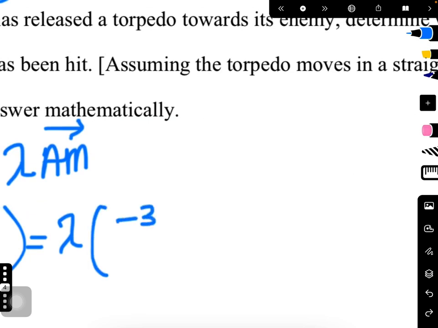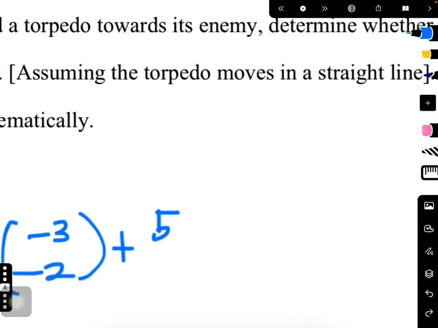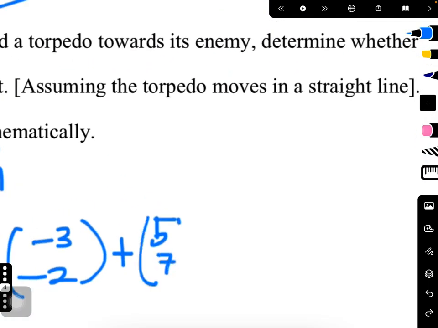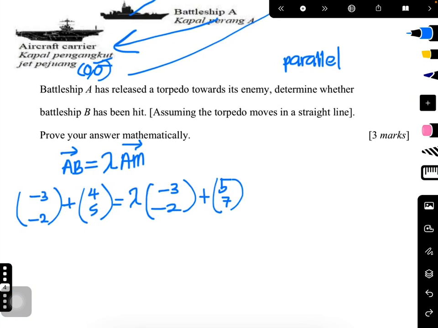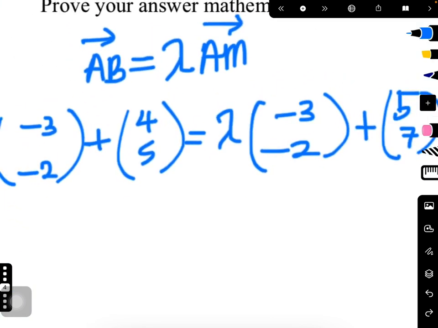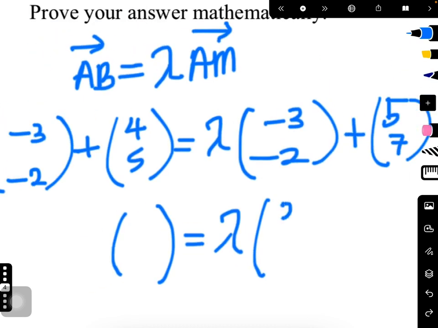Negative 3, negative 2, plus 5, 7. Okay, when we get this, we just solve it because I think you guys are pros at solving this. So we can just pause. I will skip that to save time, because we have lots of questions.